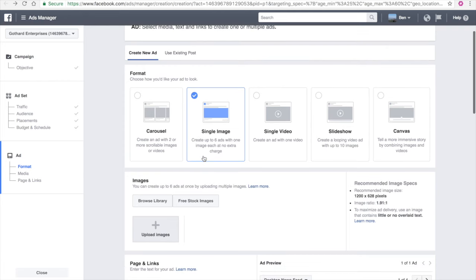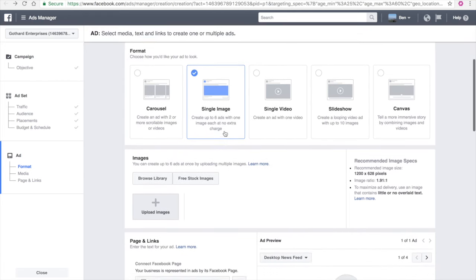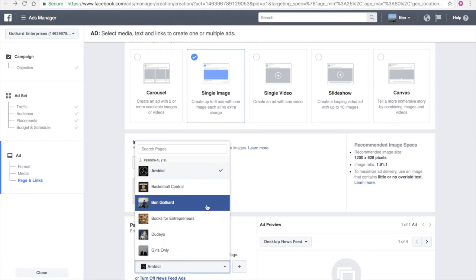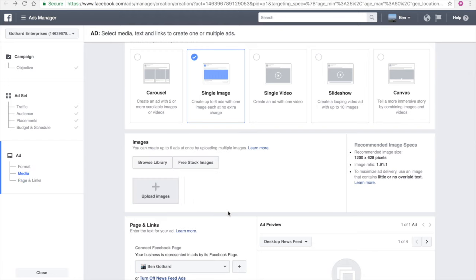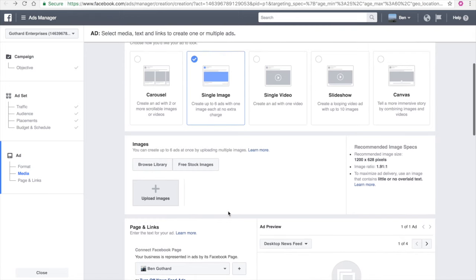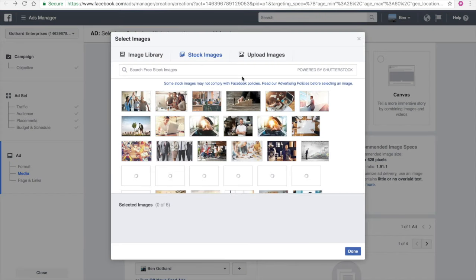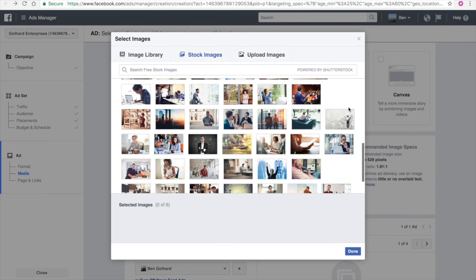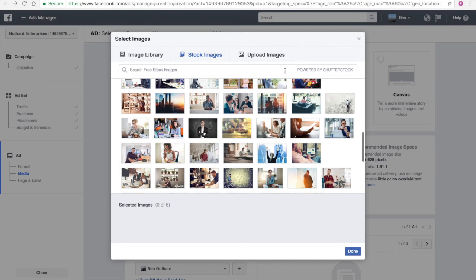Again, for this case study, we're just going to use a single image, and I'm going to run this through, let's just say Ben Gothard, my personal one, and just put a page there. And let's use some free stock images, again, because I haven't really done any sort of prior research to this at all. I'm just going to pick one. So let's do maybe a gym.